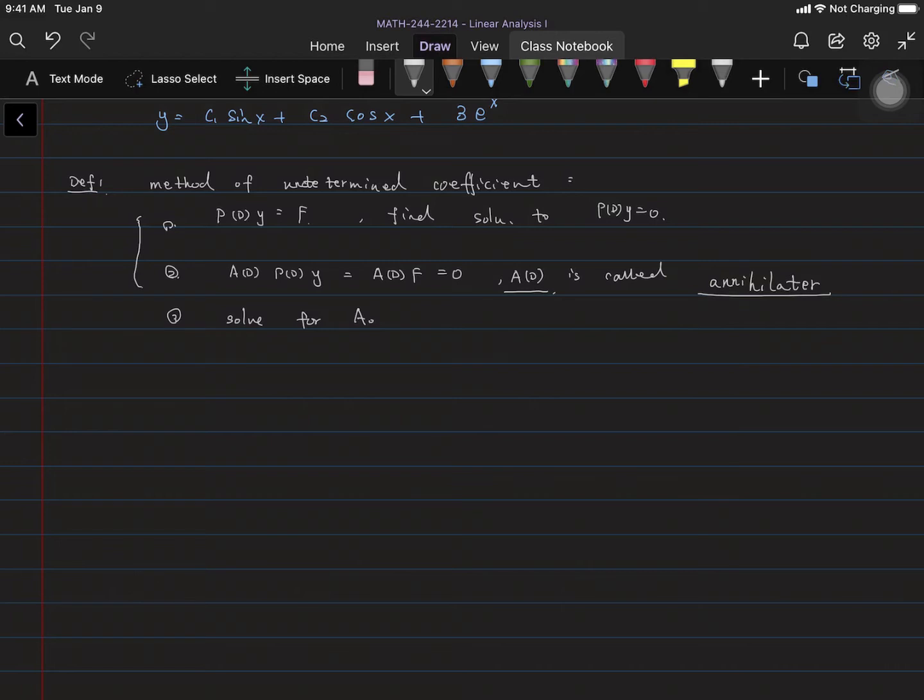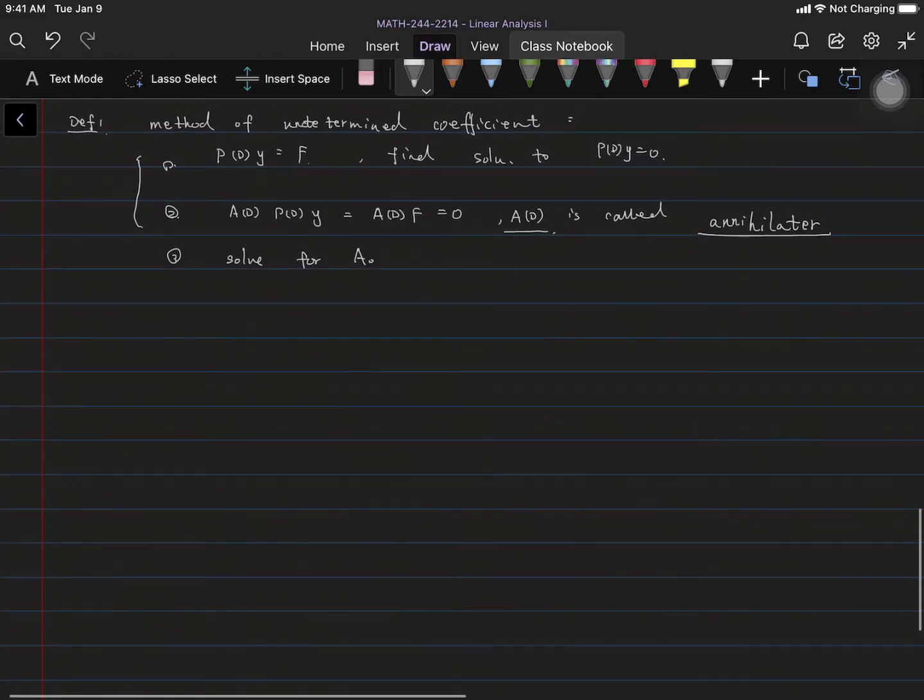And you have already known how to do this kind of problem, right? But we only did the special problem like e to the ax on the right side. How to make this into 0? We multiply by D minus a to make this into 0.